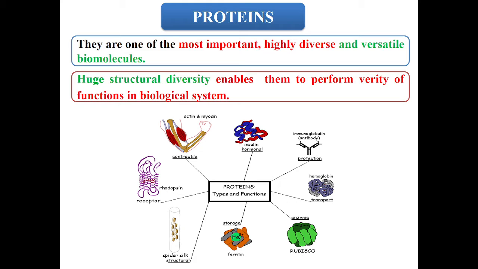They act as oxygen carriers. They fix carbon dioxide in the process of photosynthesis. They carry ferritin, that is iron, in our system, and they are among the most important constituents of our hair, nails, and even spider silk.